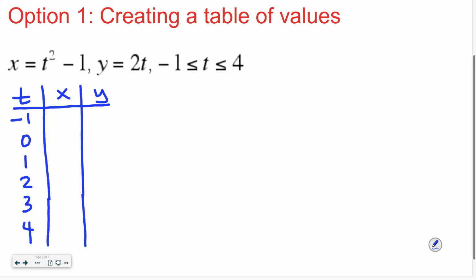That's what I'm going to do. There's 6 numbers. Pod 4, plug in -1 and 0. Pod 3, plug in 1 and 2. Pod 6, plug in 3 and 4. Or you just plug them all in.